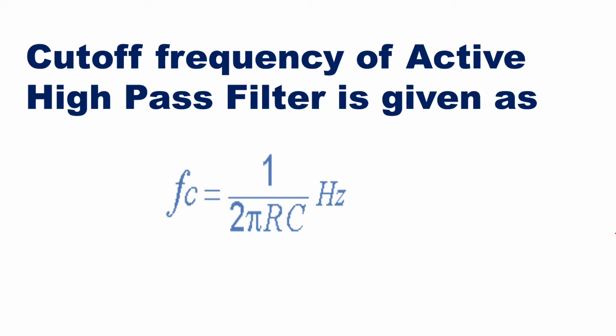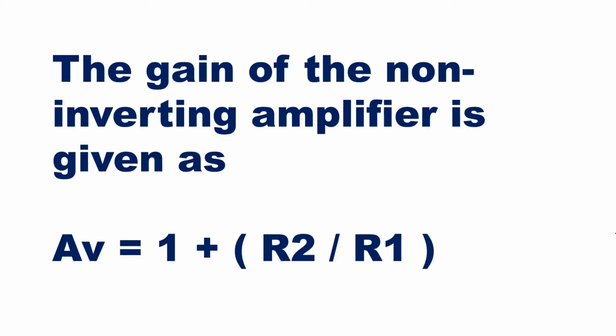Those two values will decide the cutoff frequency. The gain of the non-inverting amplifier, as we know because of the op amp configuration, is AV = 1 + R2/R1, that is 1 plus feedback resistor upon input resistor. That will be the gain, that is how many times the output is with respect to the input.